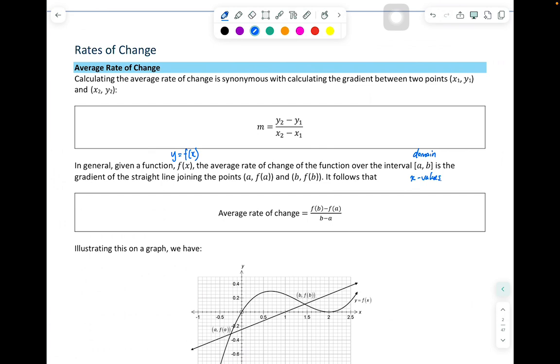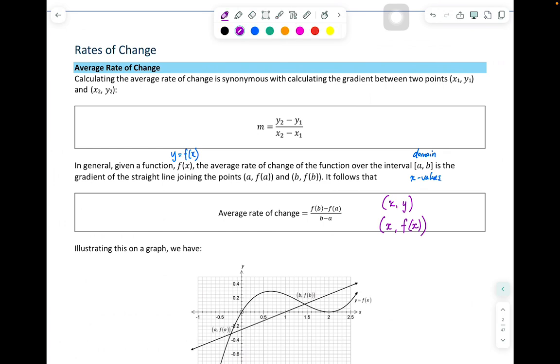Now, how did we get this? If we consider our x value and our y value, then we can also take into consideration that our y is the same as f of x. So instead of writing x, y, we can write x, comma, f of x. Essentially what this f of x means is that whatever our x value is here, we're going to substitute into our f of x with that same x value.